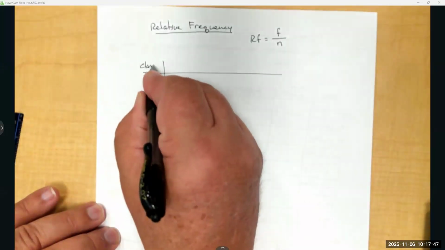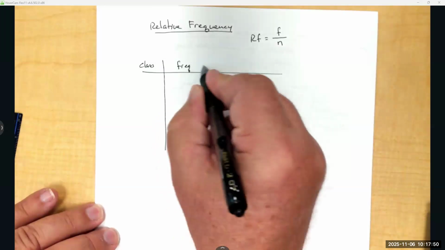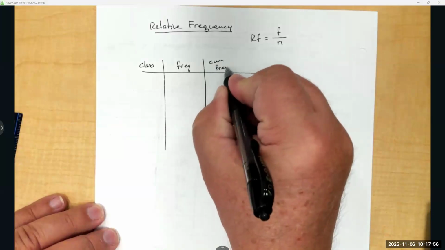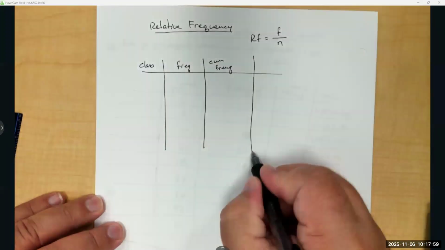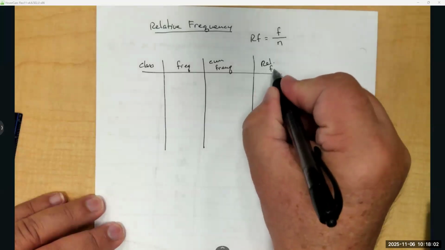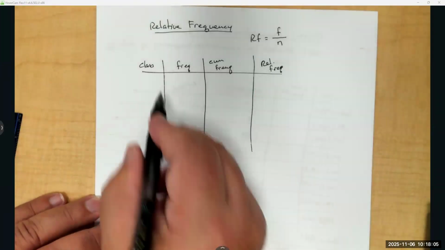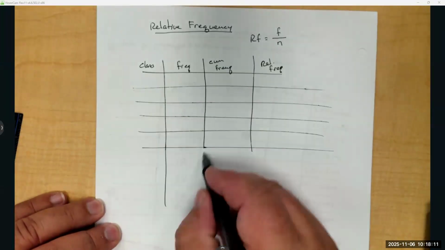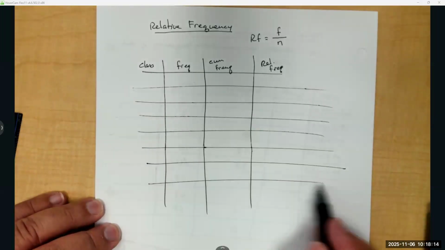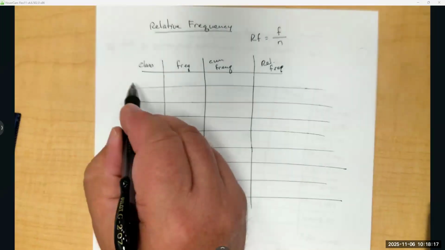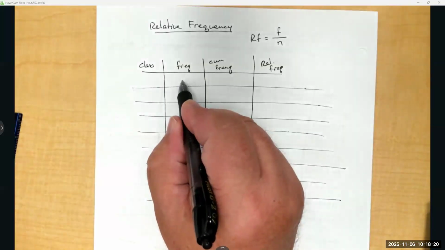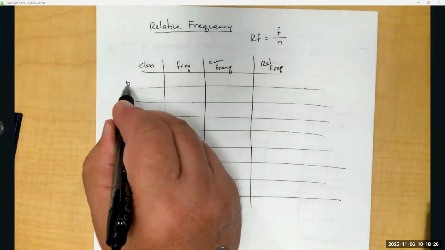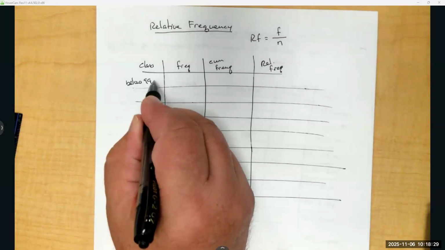So here we're going to have the classes, the frequency. I'll even look at the cumulative frequency. Now look at the relative frequency. This is below 99.5.